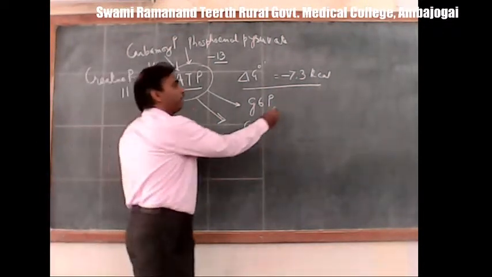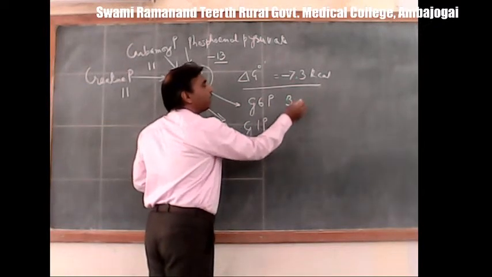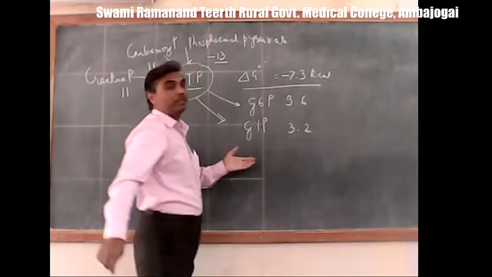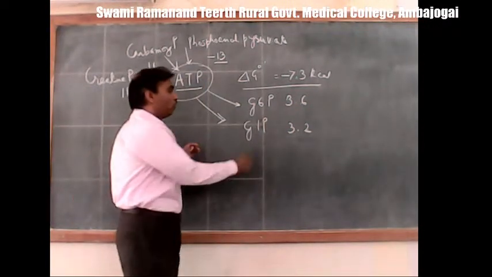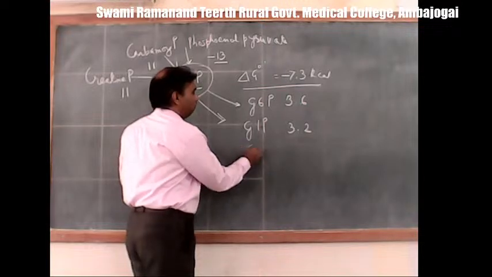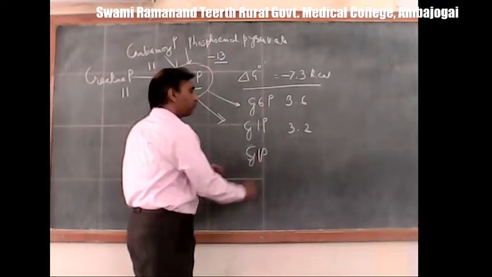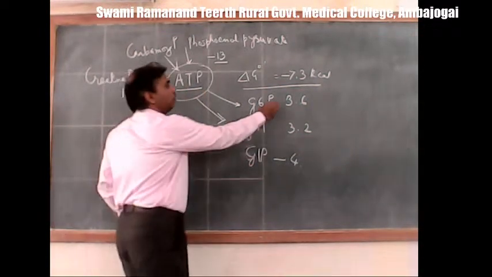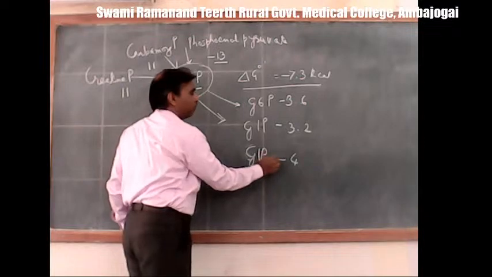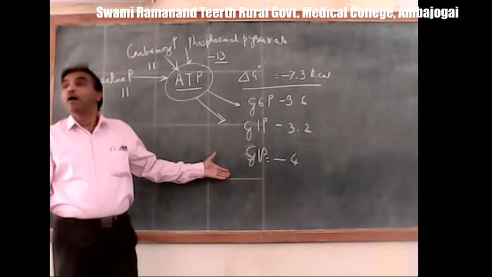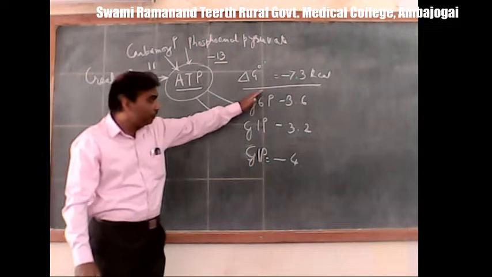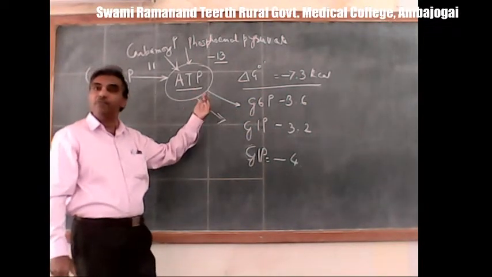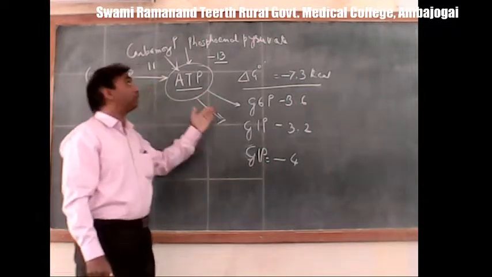These are having lesser energy, like 3.6, 3.2 or 3.3, something like that, or glucose 1 phosphate, which is having slightly higher energy. So these are exergonic reactions, but their energy level is such that they can accept energy from ATP.